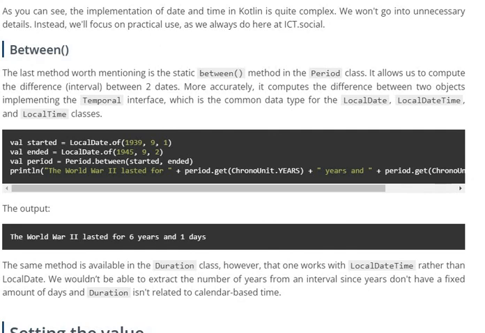So we have the between method in the Period class. It allows us to compute the difference between two dates. Look at the examples. started is equal to and ended is equal to. So we have two dates, and val period is equal to Period.between(started, ended).